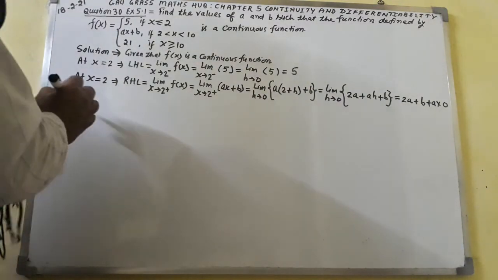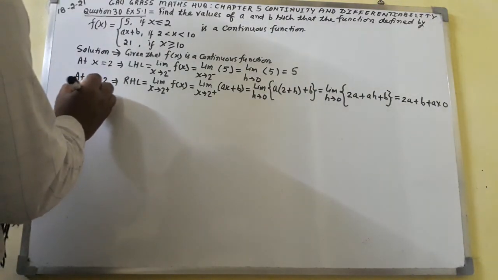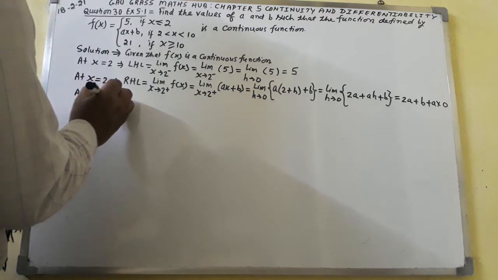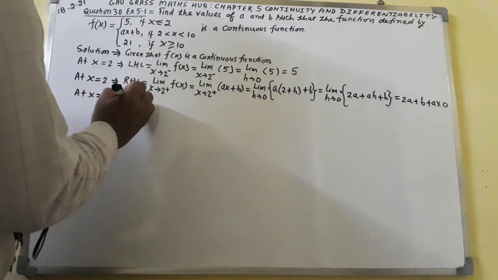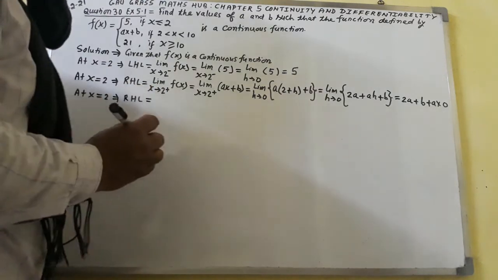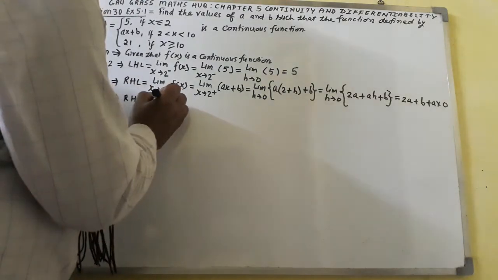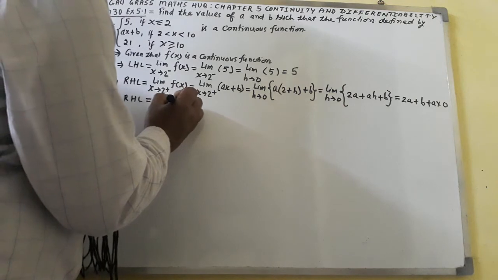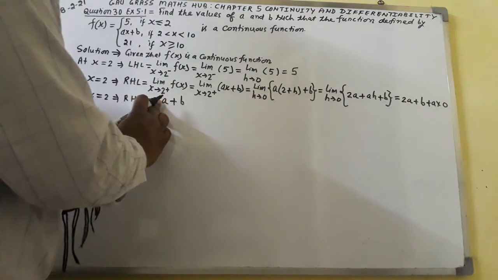So now at x equal to 2, the right hand limit equals 2a plus b. We have got 2a plus b.